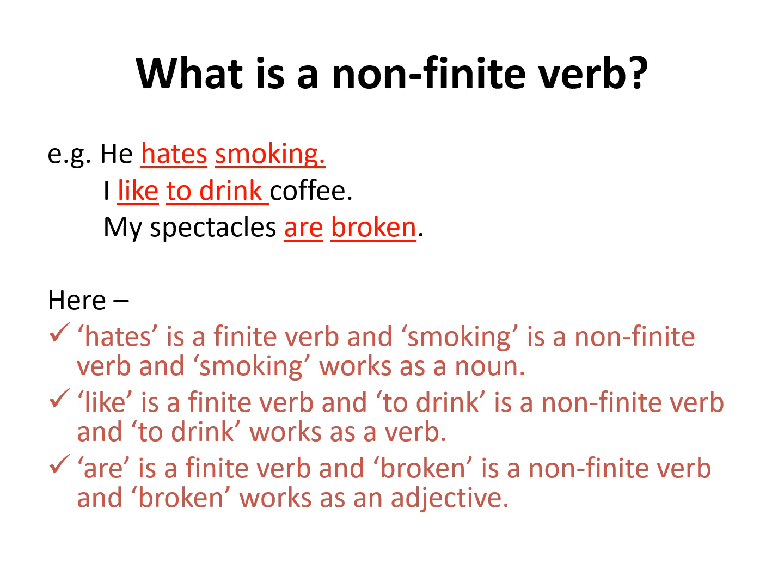Well, spectacles is a plural number and this is third person and the tense is present indefinite. So we used are. I hope that you have understood the difference between finite verb and non-finite verb.